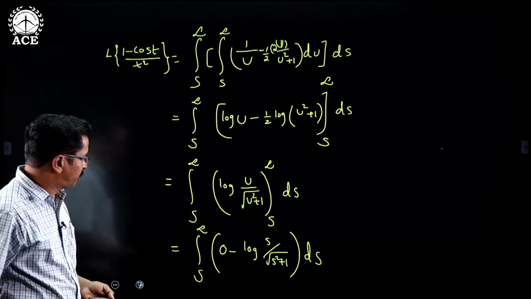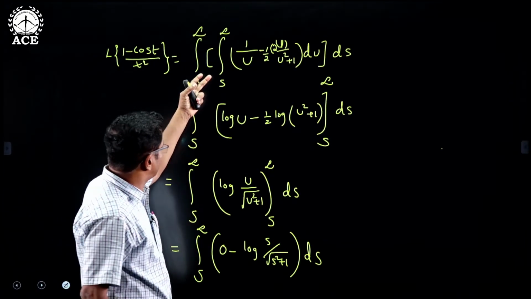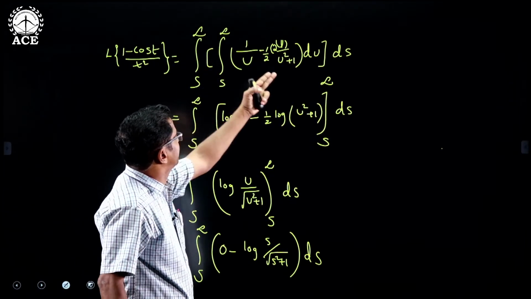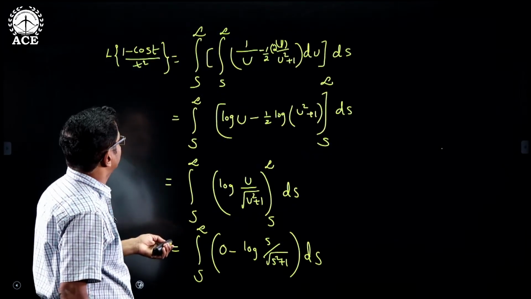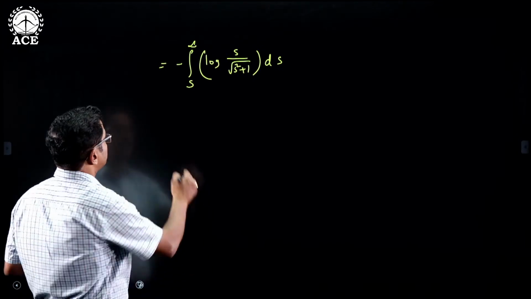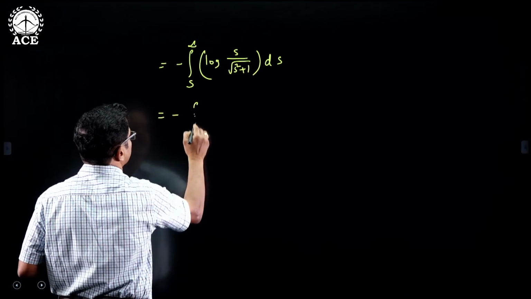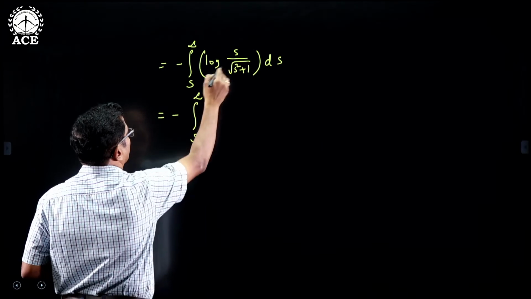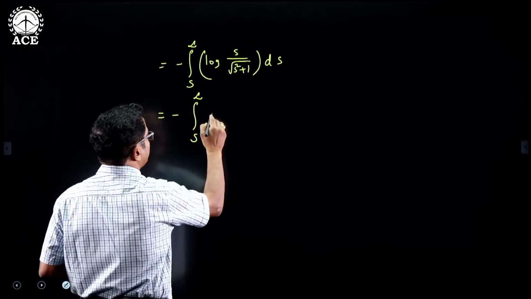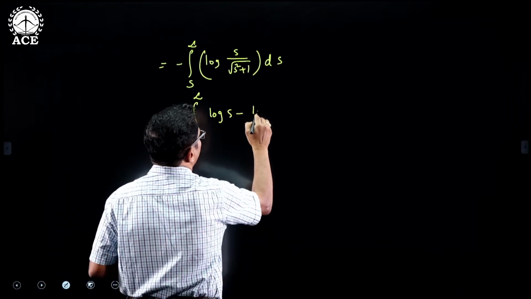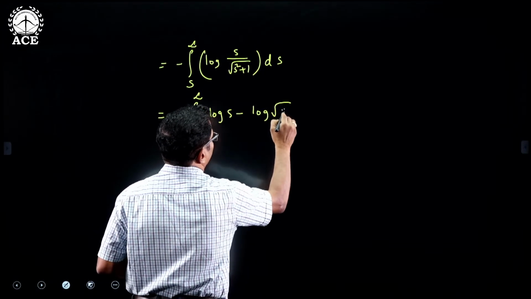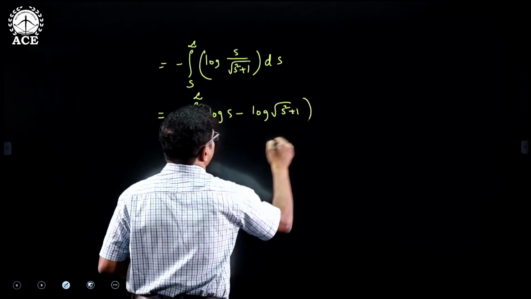Now we have to evaluate. First, we have a double integration. The inner integration I evaluated, and the outer integration I am trying to evaluate. So which is equals to minus integration s to infinity log s by root of s square plus 1, which means log s minus log of root of s square plus 1 into ds.